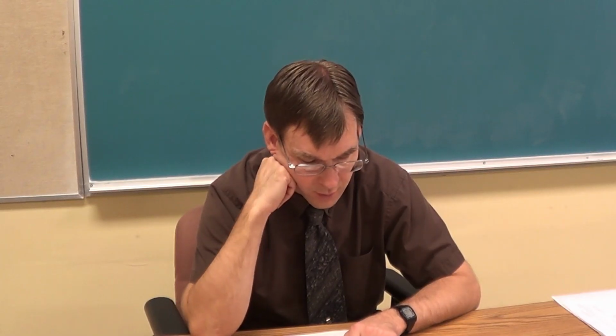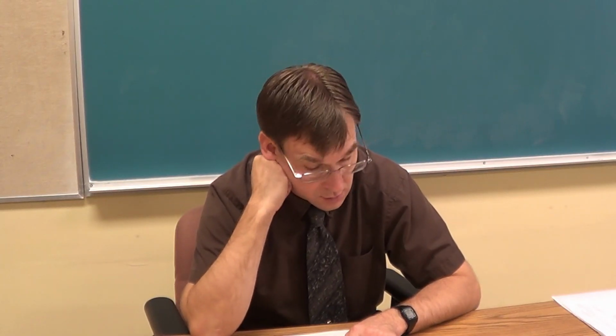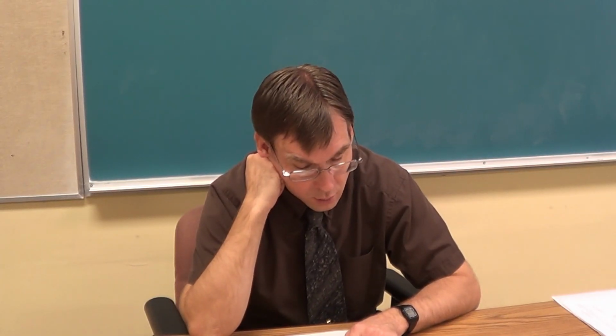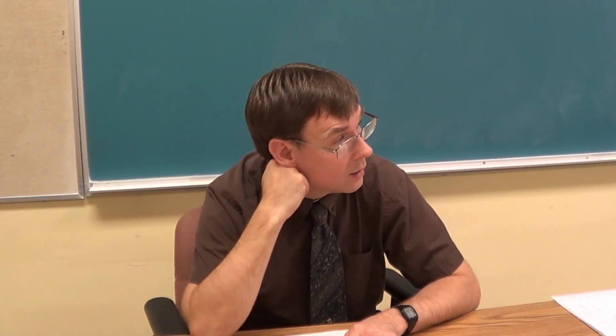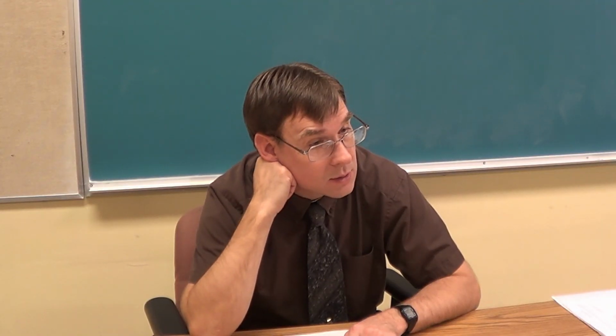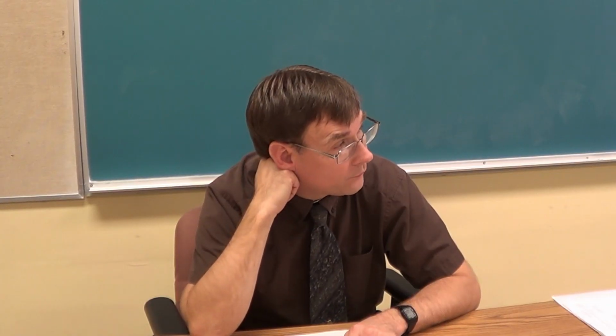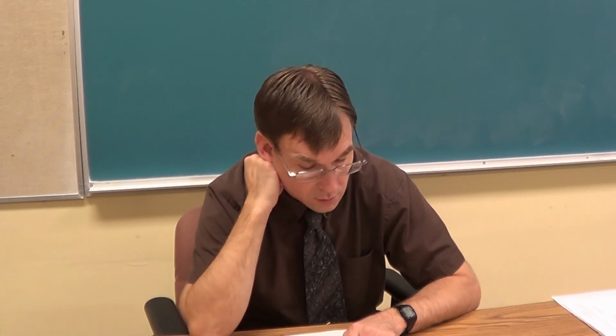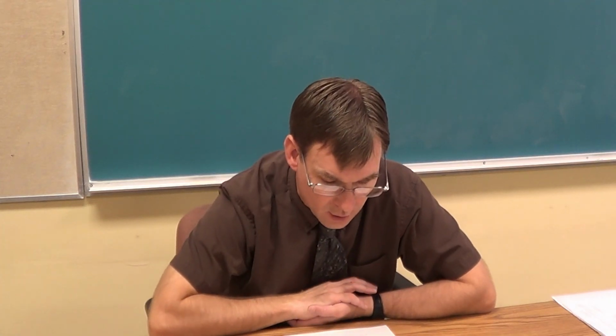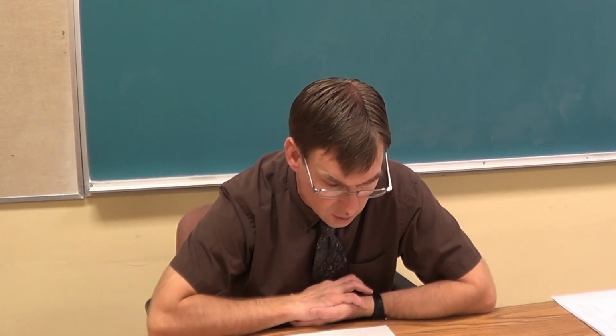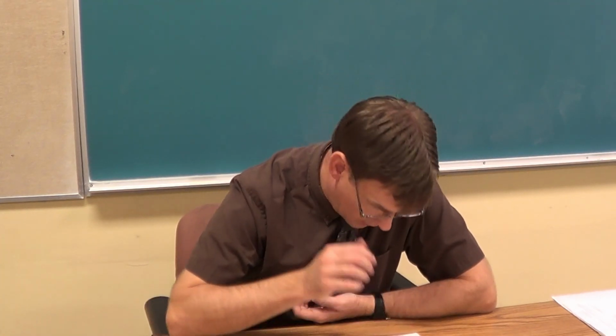Negative 4 over 3y minus 4x over 3y squared. Not quite. Anybody that piece? 4x squared? Okay, it's going to be 16x squared over 9y cubed. So we will want to work through that one, I think, sooner or later.